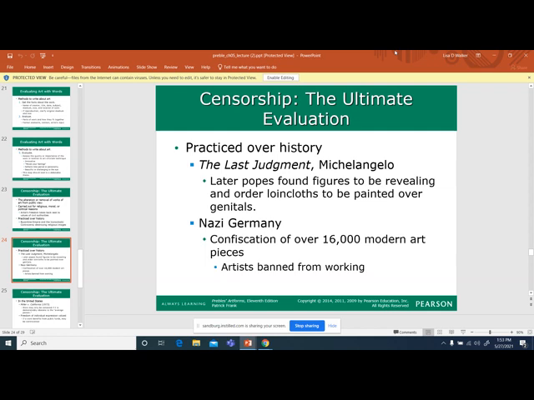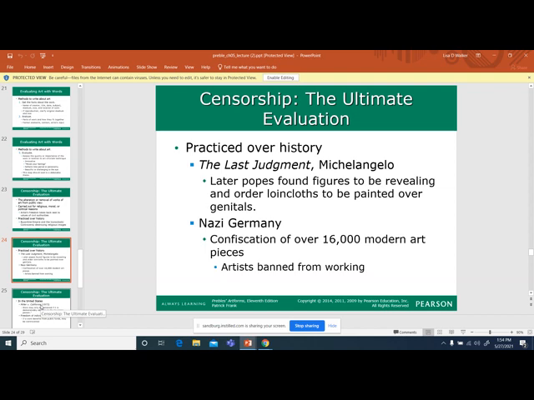In Nazi Germany, more than 16,000 pieces of modern art were confiscated, many of them destroyed. And the artists that made them were banned from working because the work that they made wasn't about family and pretty mountainsides. It was about something else.